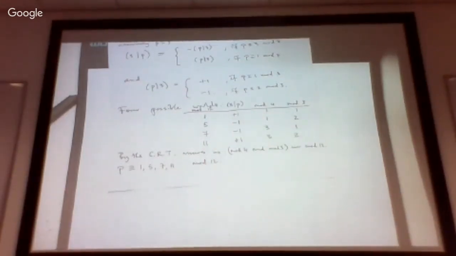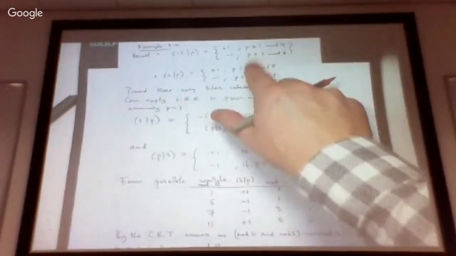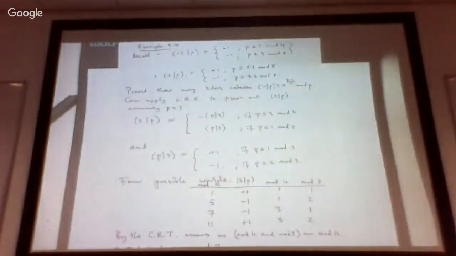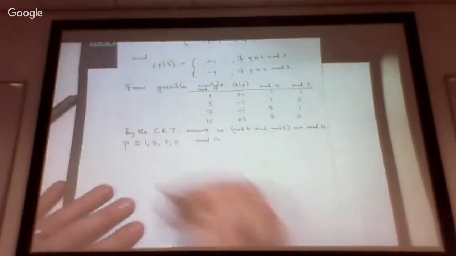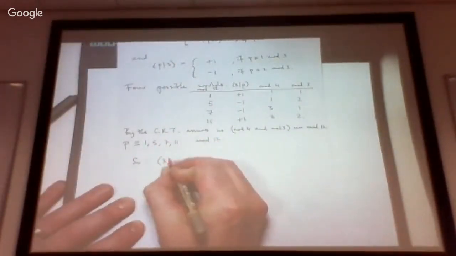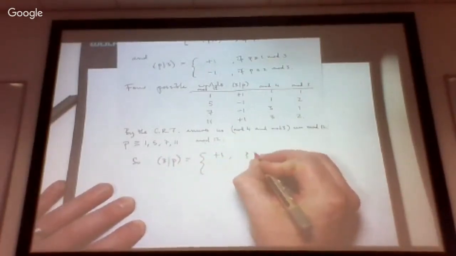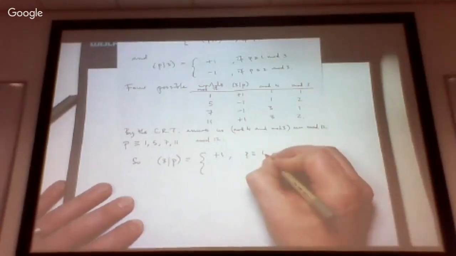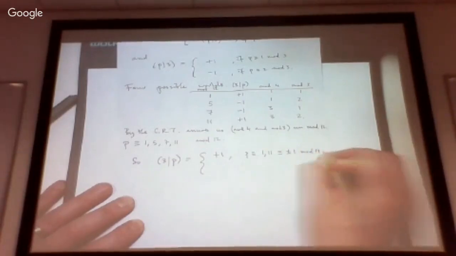So we end up with this nice, concise expression for 3 mod P, in the same spirit as the ones we had for -1 and 2. That finishes this bit. The status of 3 modulo P is +1 in the case that P is 1 or 11 modulo 12, or an easy way to state that is 1 or -1 mod 12.